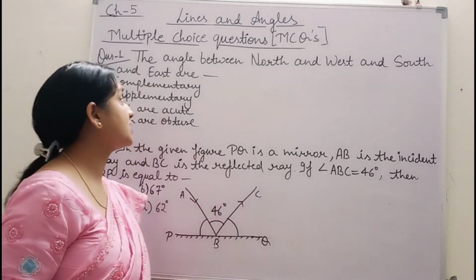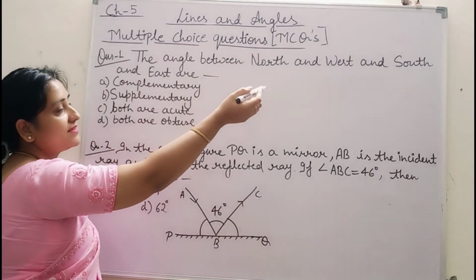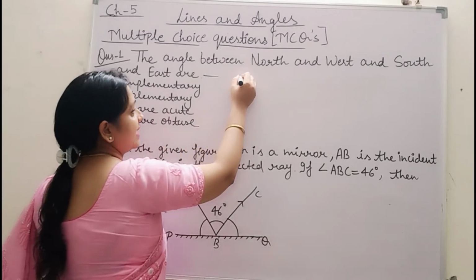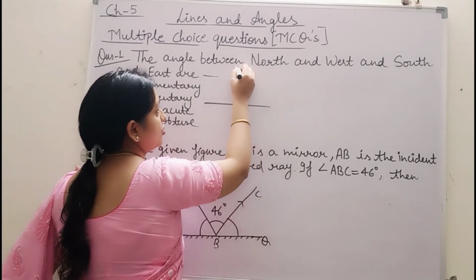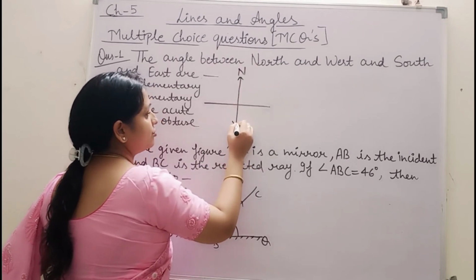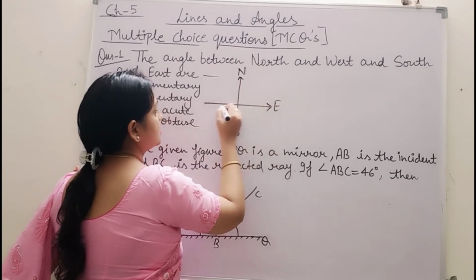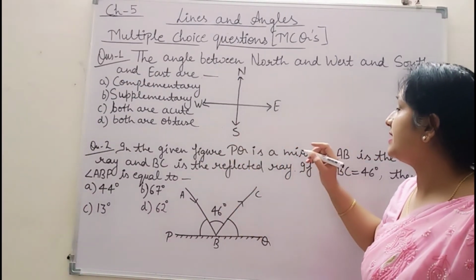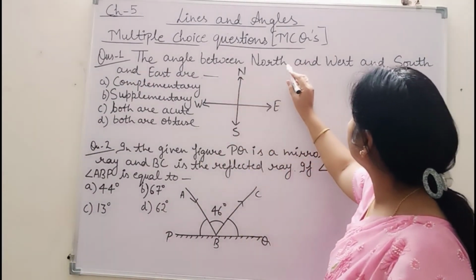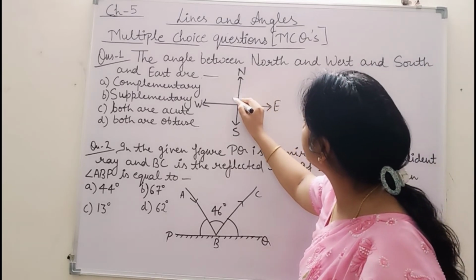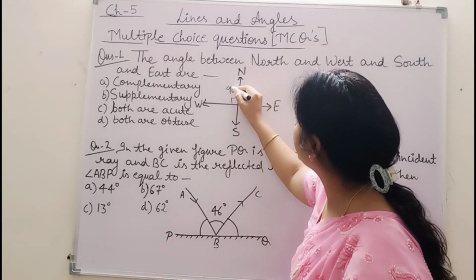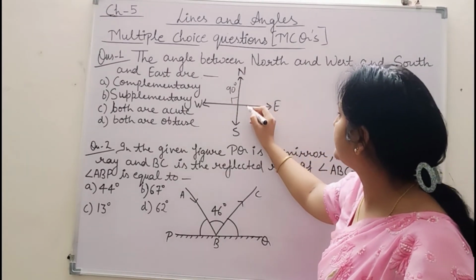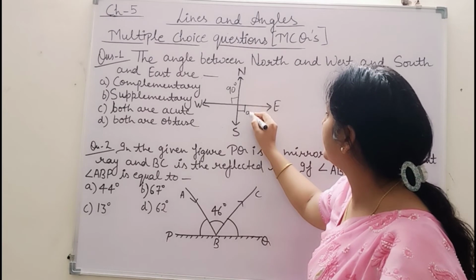So now the first question is: the angle between north and west and south and east are. First of all we'll draw the directions: north, south, east and west. In this figure it is clear that the angle between north and west is 90 degree, and the angle between south and east is again 90 degree.